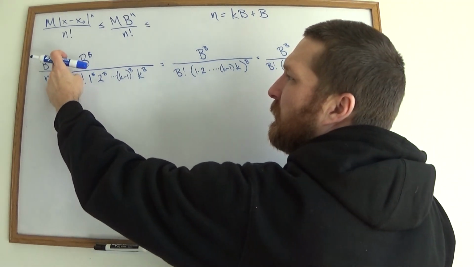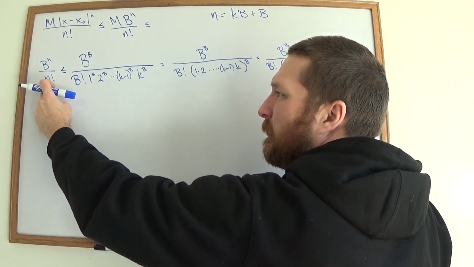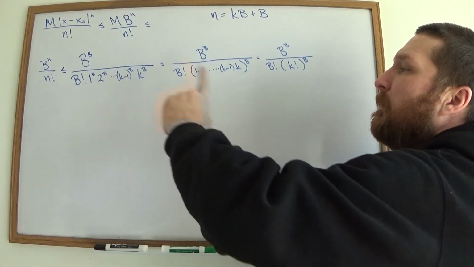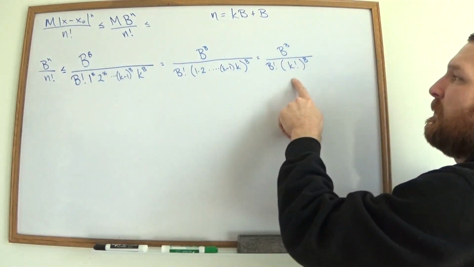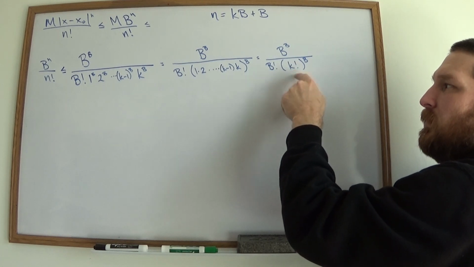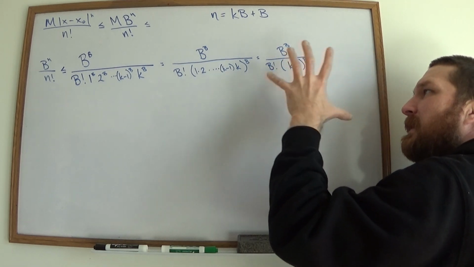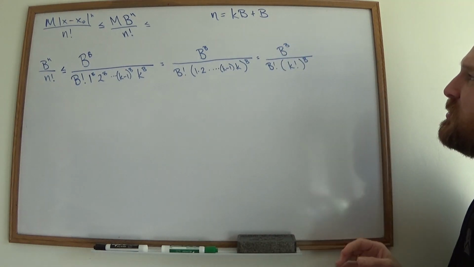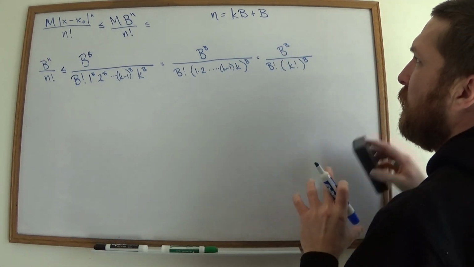We started off with a variable in the top and a variable in the bottom. Making it bigger made both the top and the bottom bigger, but now we've shown that's less than something that just has a variable in the denominator, which we can make bigger. Make the denominator real big, you make the entire fraction really small. So this should give us what we're looking for.